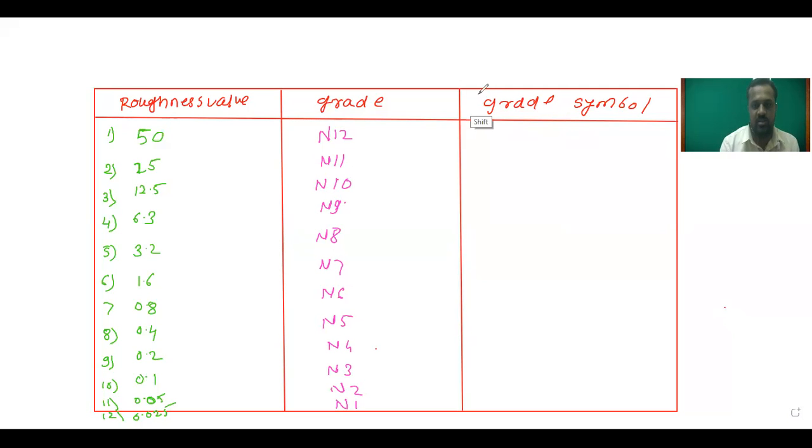Now tell me the grade symbol. What is the symbol for N12? Just 1 minute. The symbol for N12 is like this.